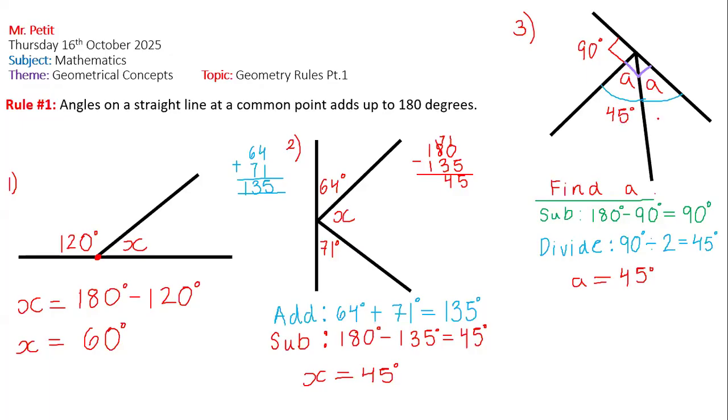This is 45. This is 45. So think about it, class. 45 plus 45 is what? 90. And 90 plus 90 is what?